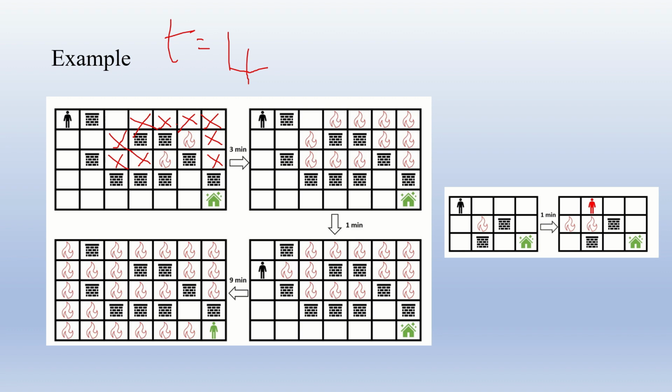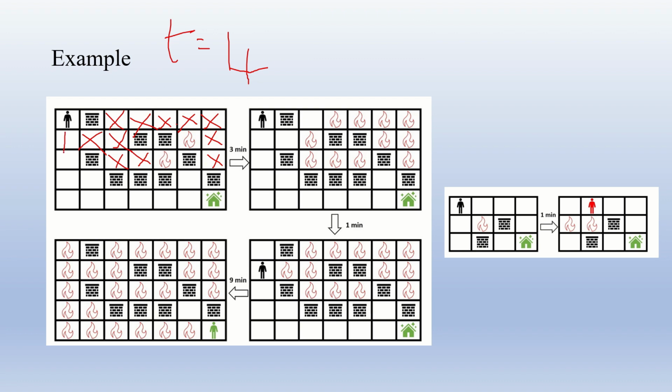Now let's move. At time is equal to 4, this cell will spread the fire to this cell, and this cell will spread the fire to here. Now move to the destination.